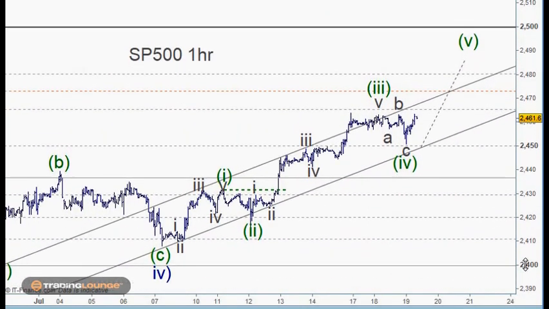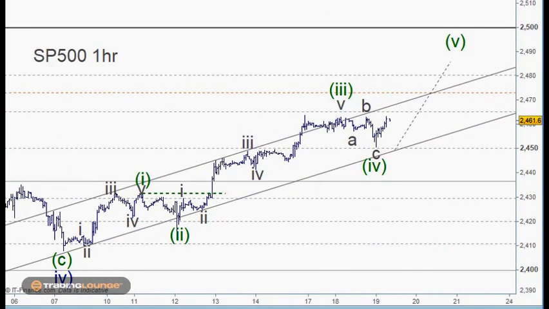So on the 1-hour chart here, just to get things going, we've got 1, 2, 3, 4, 5 for wave 1, ABC for wave 2, then 1 and 2 and 3 and 4, and then wave 5 up here. Now with wave 5 here, it's possible on the cash market it would have wave 5 here and this wave 3 here, but what it does do, it leaves me one wave short here.